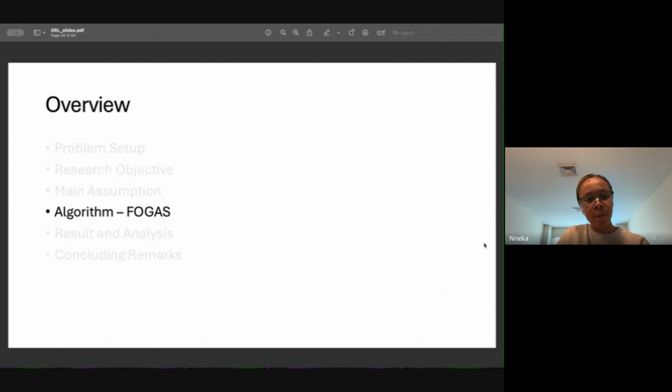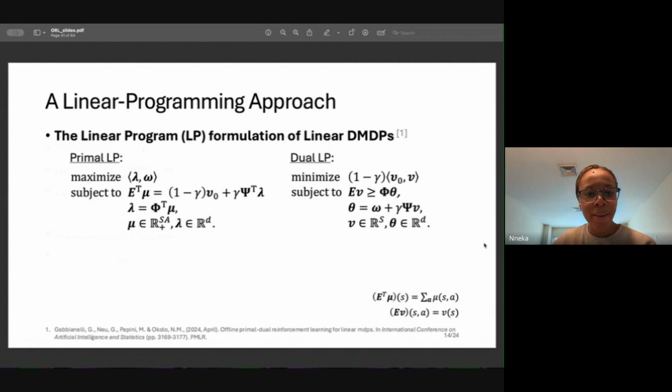And to achieve this, we developed an algorithm which we call FOGAS, which I hear is also the name of a delicious fish in Hungarian. And the way we achieve this is through the linear programming approach, which if anybody has heard my talks before, that's basically what I've talked about most of my PhD.